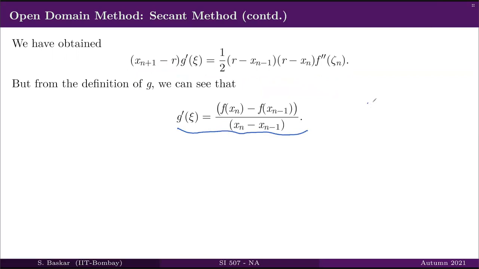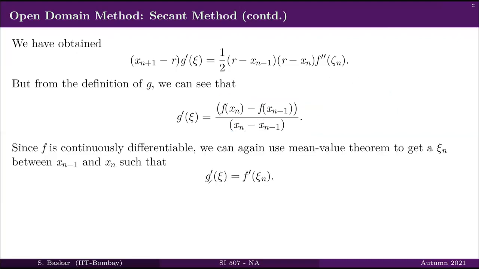And again, since xn and xn minus 1 are distinct numbers, you can apply mean value theorem to this term. And that will give us xn minus 1 times f dash of some zeta, which we will call zeta n, right? So you can substitute here and cancel this xn minus 1 term and thereby get g dash of xi is equal to f dash of xi n for some xi n lying between xn minus 1 and xn.